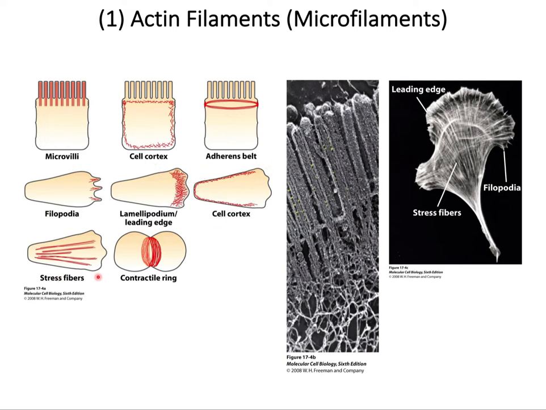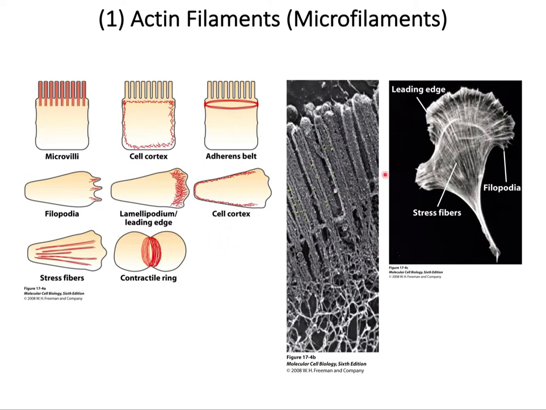In a number of cells, both motile and non-motile, actin filaments make up these stress fibers, and they assist the cell in adhesion. Again, we are going to talk about these stress fibers more when we study cellular interactions. Finally, in dividing cells, you can see the contractile ring is rich in actin filaments.